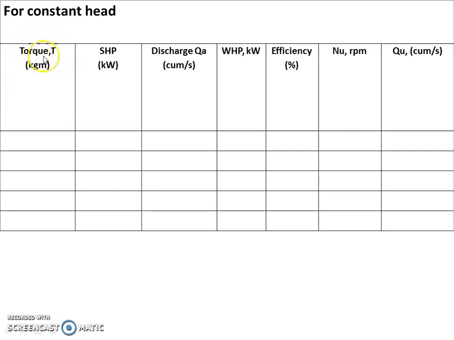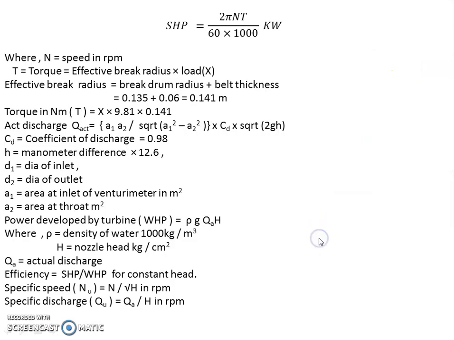Later on, we need to find out torque, SHP, discharge, WHP, efficiency, Nu and Qu. So for finding SHP, we have the formula 2 pi N T divided by 60 into 1000 kilowatt, where N is the speed in RPM which we have noted down using the tachometer.